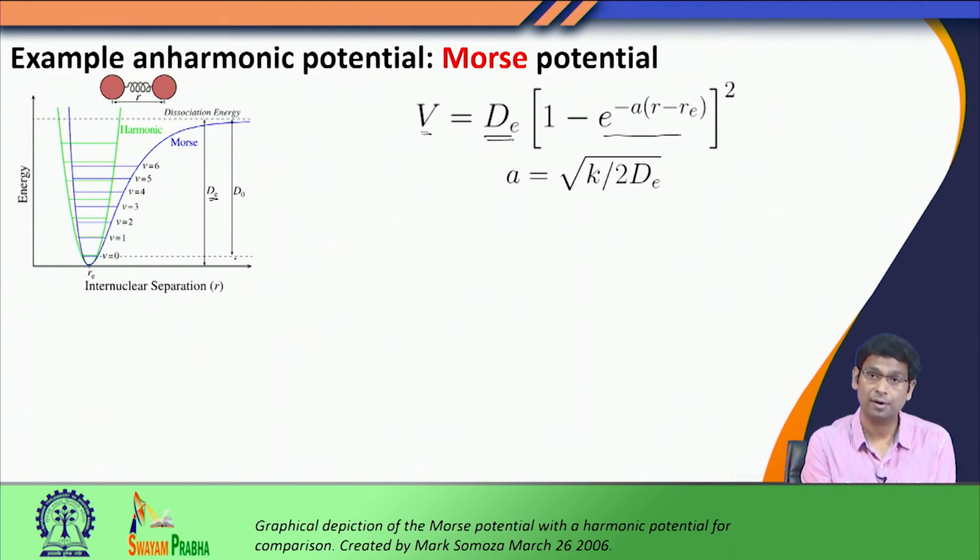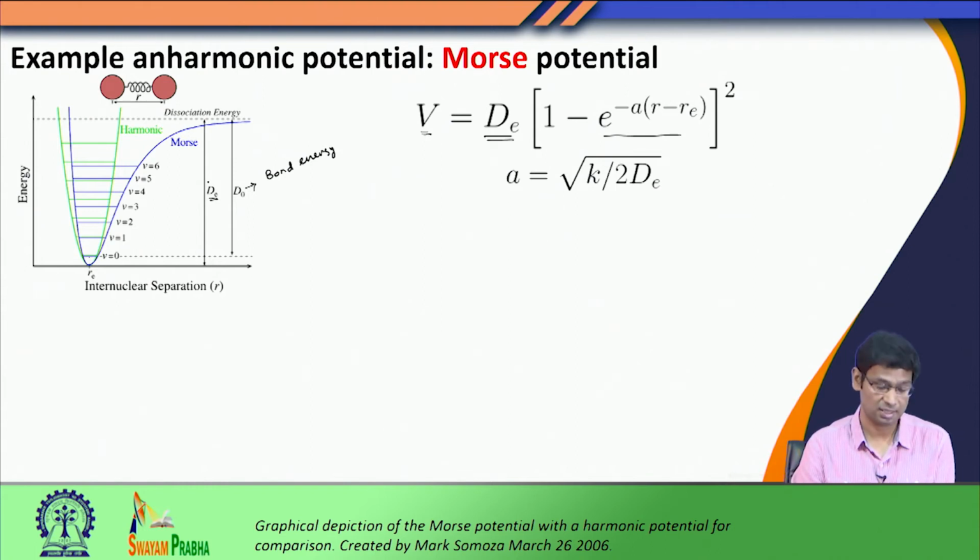So when I want to break a bond, the energy required is not actually dE, rather dE minus this zero point energy, which is the energy at V equals 0, because when I dissociate a bond, I have to start from the V equals 0 level and dissociate this bond. Therefore, this D0 is called the bond energy, and dE is the dissociation energy. Now, this is about the Morse potential.